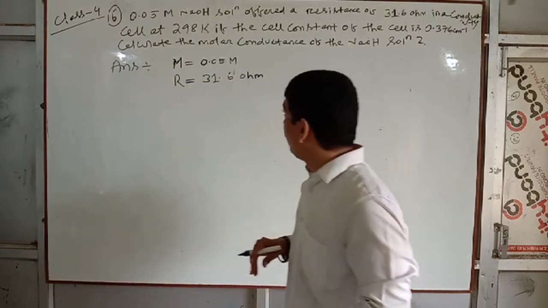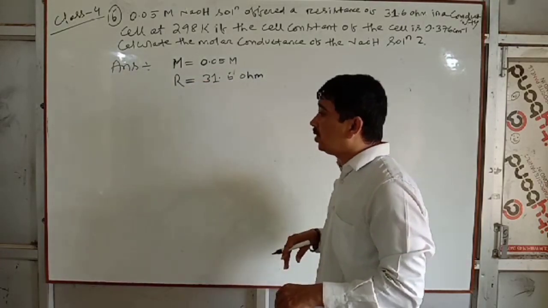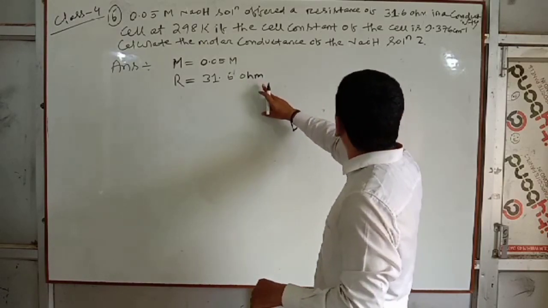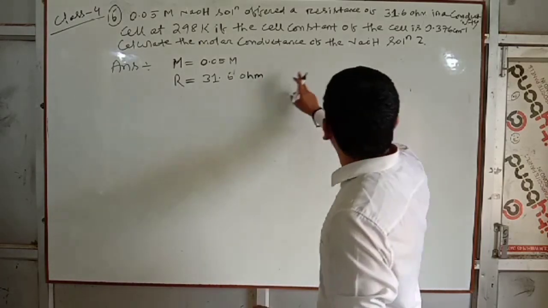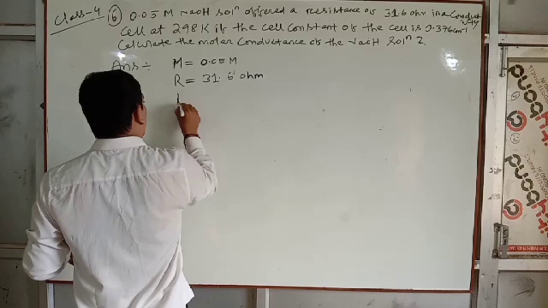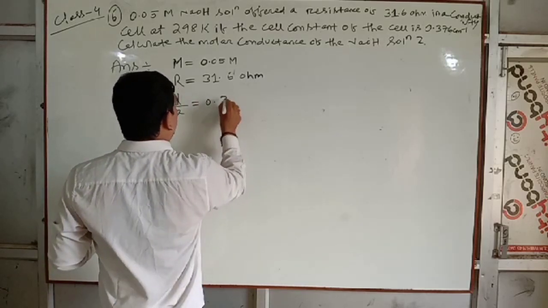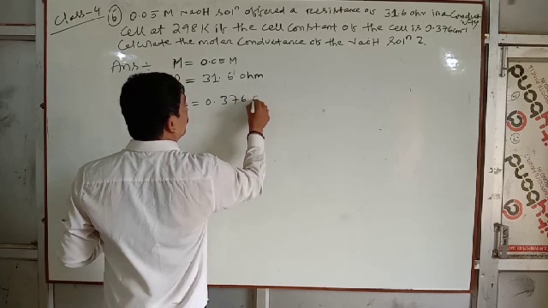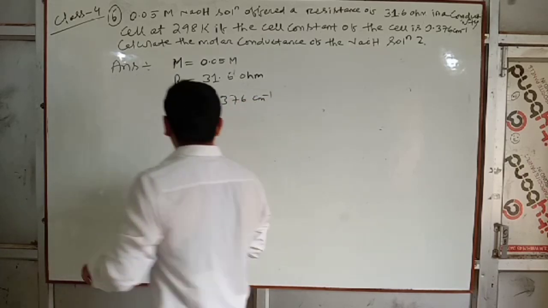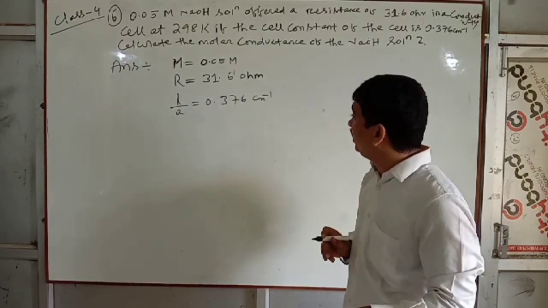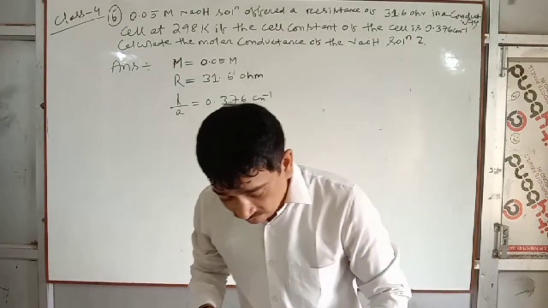Cell constant L by A equal to 0.376 centimeter inverse.